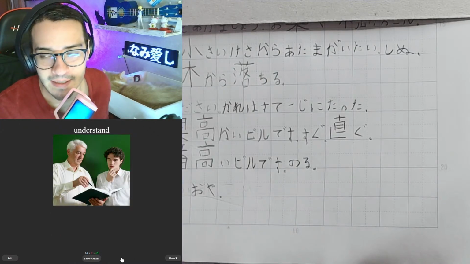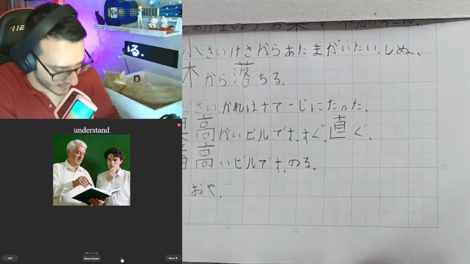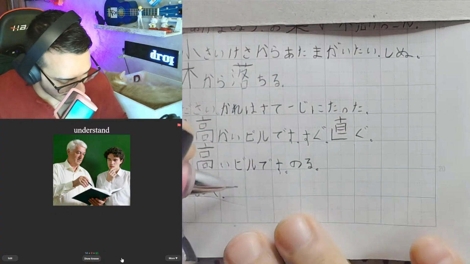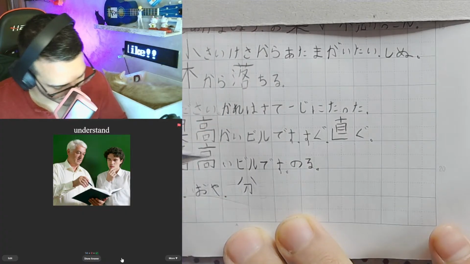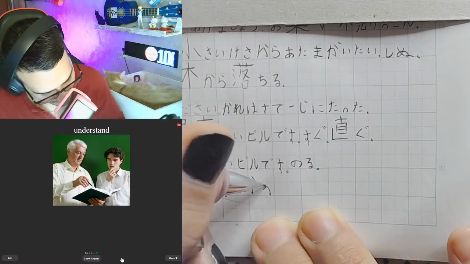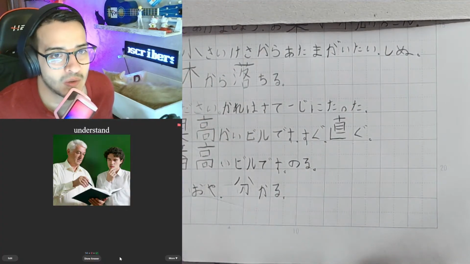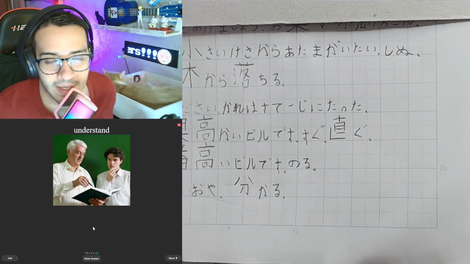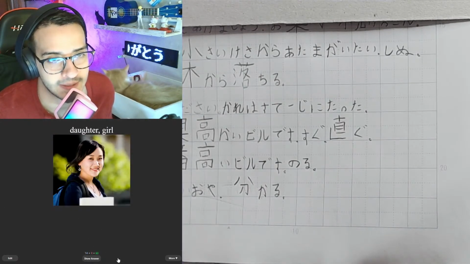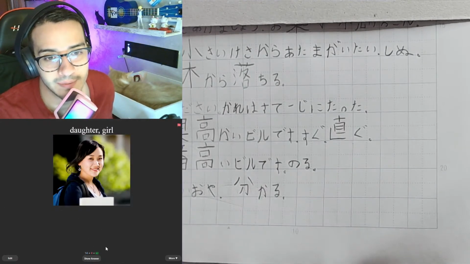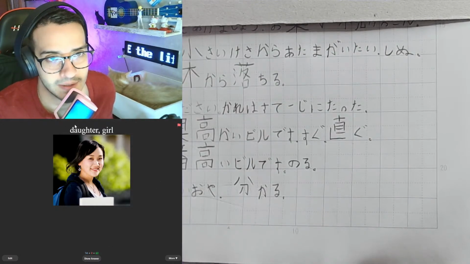How do we say understand in Japanese? Se no, wakaru. わかる。Easy. How do you say daughter? Girl in Japanese.